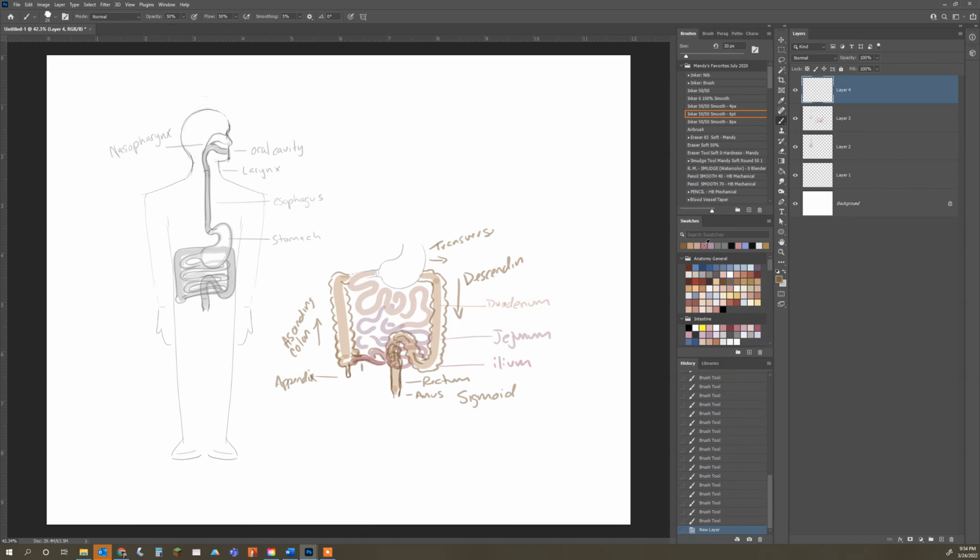The other thing I want to add in here is what are called accessory organs. There's a wall right here called the diaphragm, which we'll talk about when we get into the respiratory system. Sitting under the diaphragm is your liver. So your liver kind of fits in here.